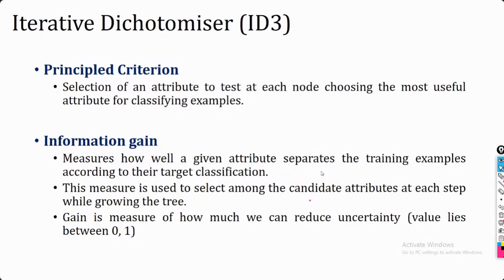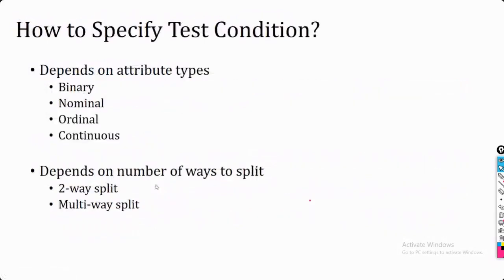Whichever attribute gives me that accurate division, based upon that we are going to select the attribute. So in the case of ID3, I'm going to use information gain as my criteria to select the attribute. ID3 is your algorithm, and this is the criteria, based upon which you perform the attribute selection.